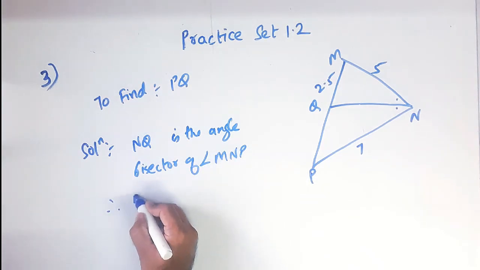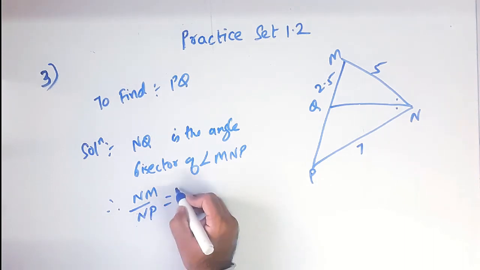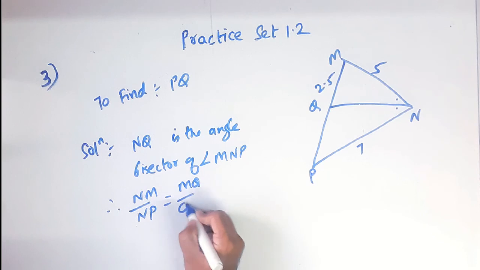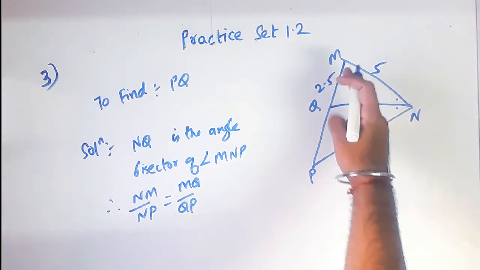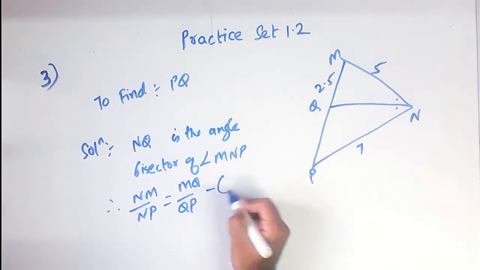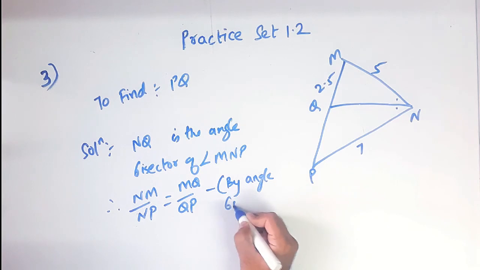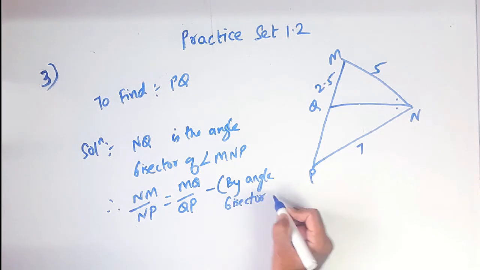Therefore NM upon NP is equal to MQ upon QP. Okay, NM upon NP equals MQ upon QP. What is this? This is by angle bisector property.